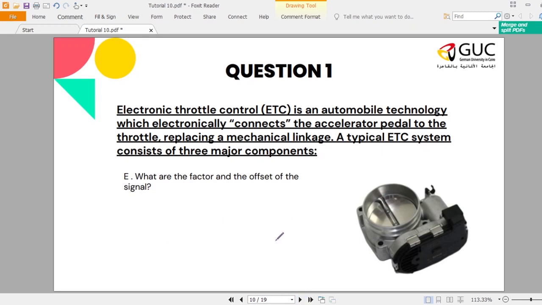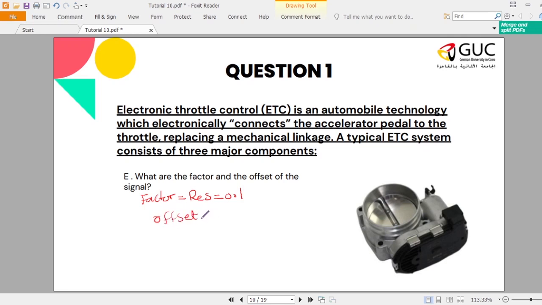Moving on to the next question. It says, what is the factor and the offset? Offset meaning that we will skip some values and we start at a certain offset, a certain place. We don't have that, but we have a factor. The factor is the resolution, which is 0.1.